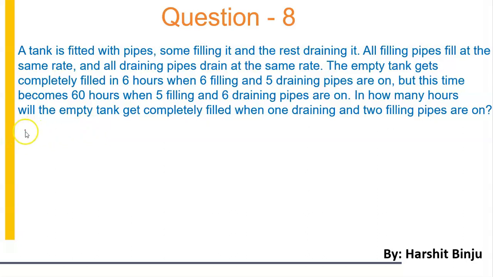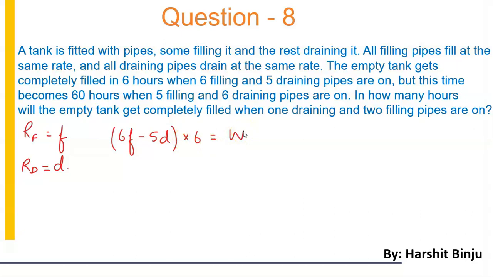So we will consider that rate of filling pipes to be F and rate of draining pipe to be D. The empty tank gets filled in 6 hours when 6 filling and 5 draining pipes are on. So if 6 filling are on, that means total work is 6F. 5 draining are on, that means total work is minus 5D. This is the total rate multiplied by time, which is 6. This is equal to total work W.